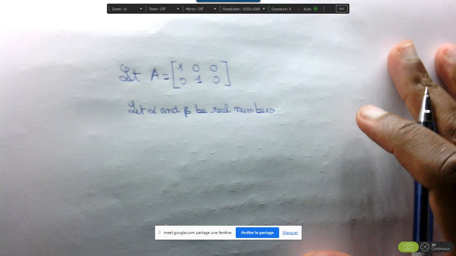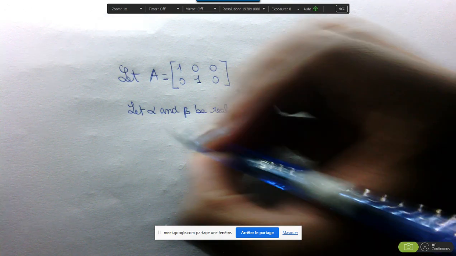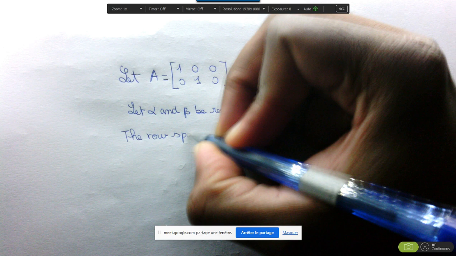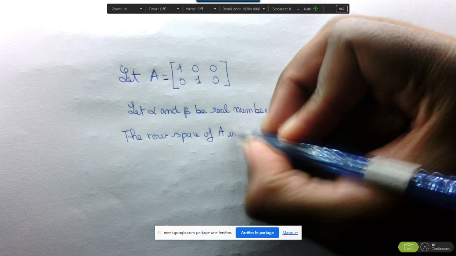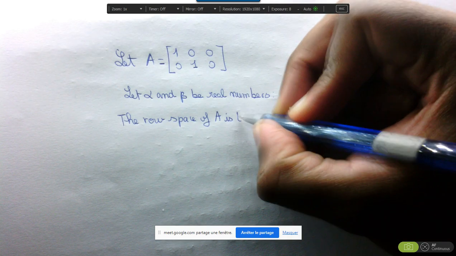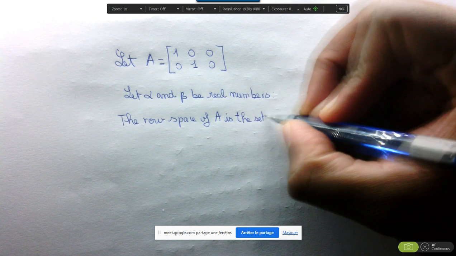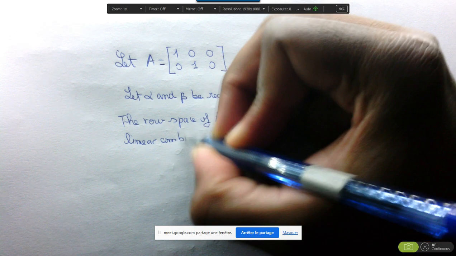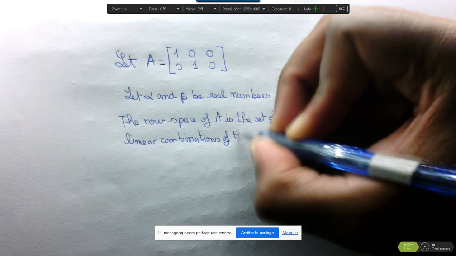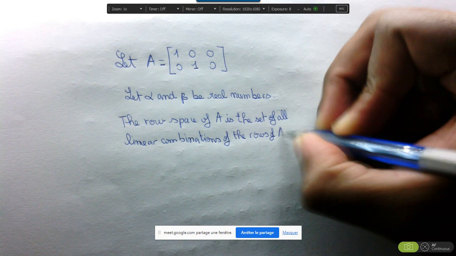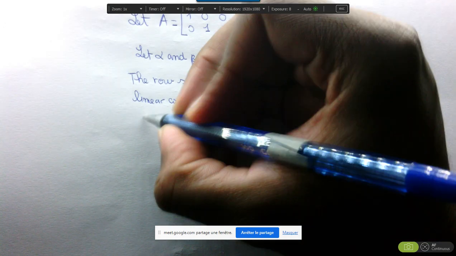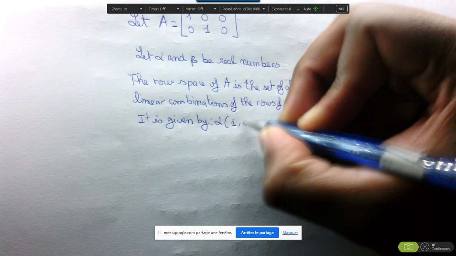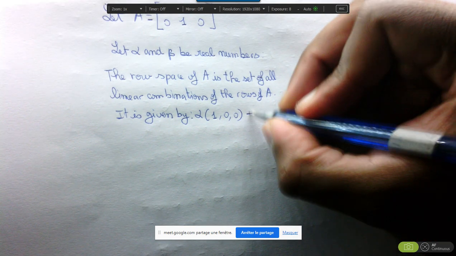The row space of A is the set of all linear combinations of the rows of A. It is given by the following: alpha times 1 0 0, plus beta times 0 1 0.